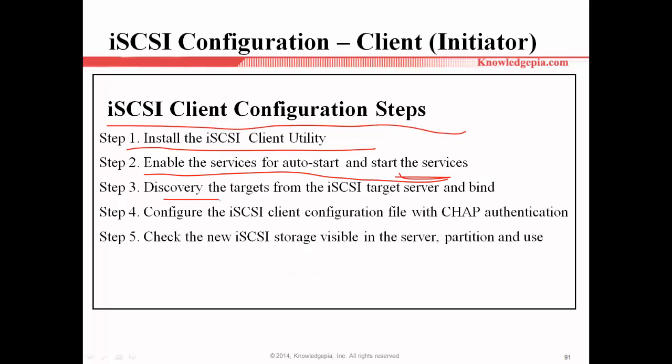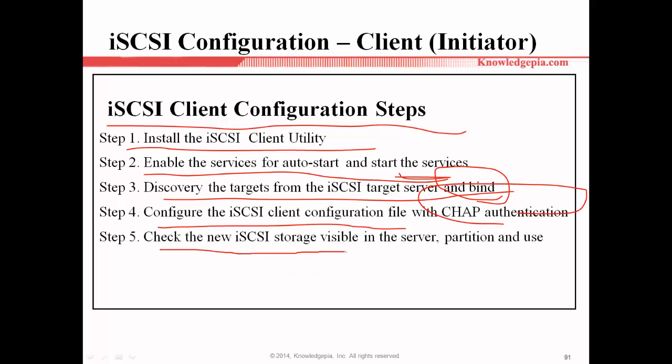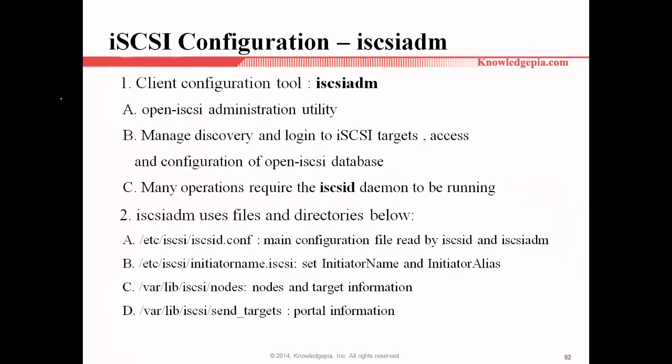Step 3, discover the target from the iSCSI target server and then bind. Step 4, configure the iSCSI client using CHAP authentication. After that, check that the new iSCSI storage is visible in the server. Then create the partition and use this new partition from the iSCSI server.